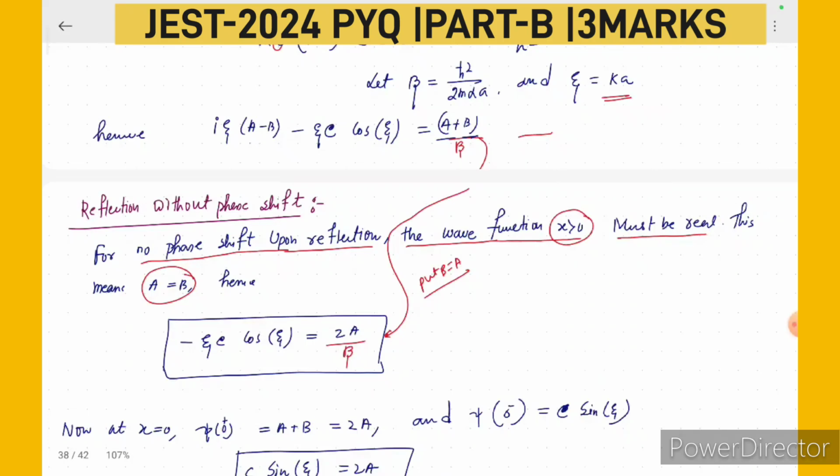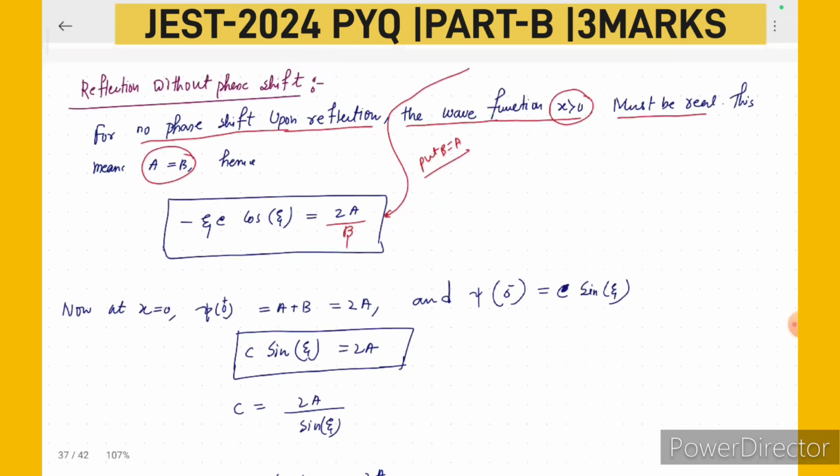That is because the wave is reflected without phase change, so we use this condition also here, in these boundary conditions.